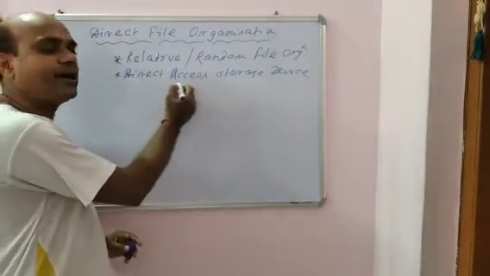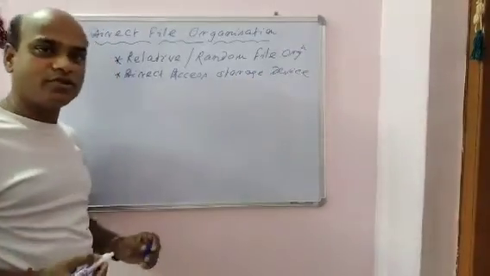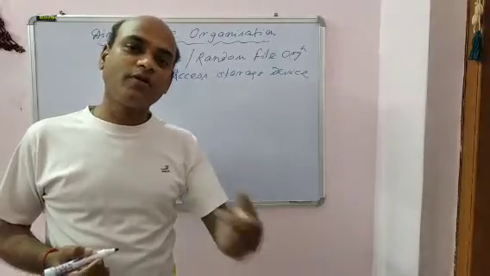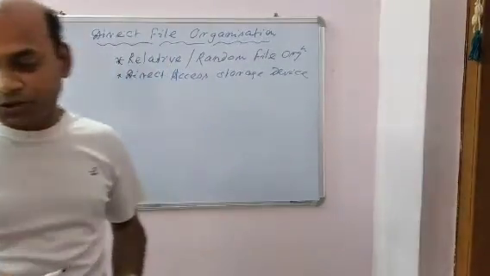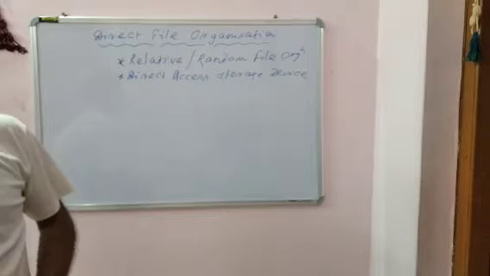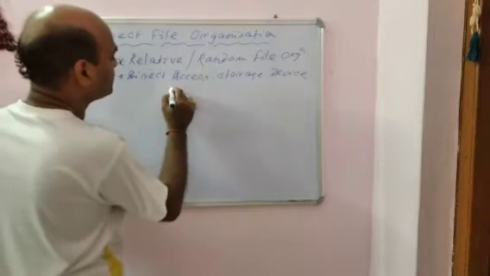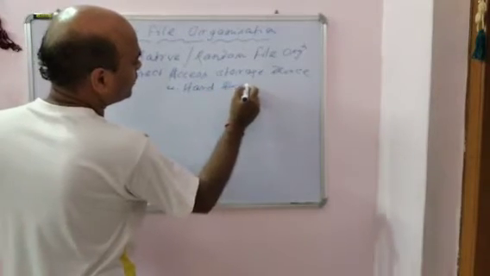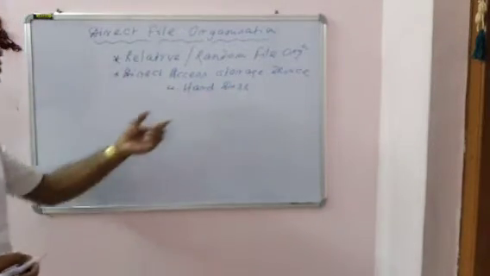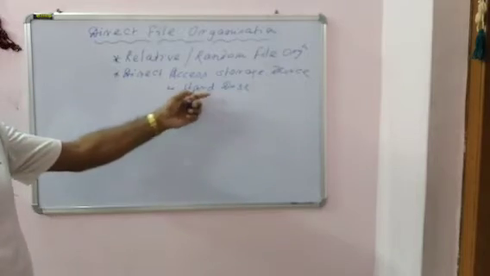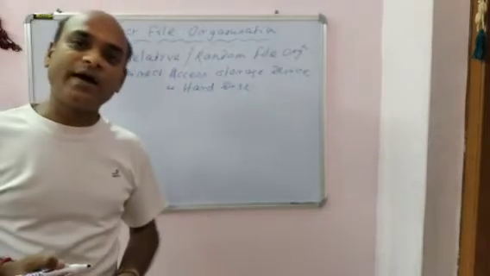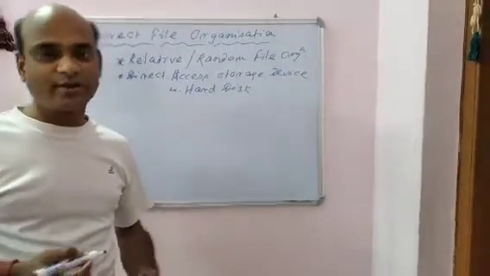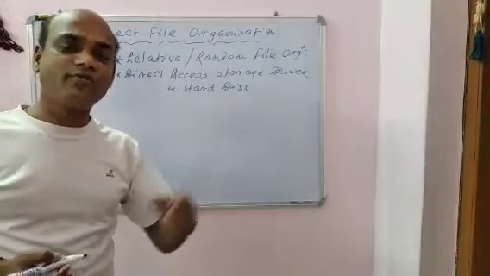The device supports directly accessing information from the file, just like your hard disk. We can use a hard disk where randomly we can access, randomly we can update, randomly we can insert information or data into the file system.